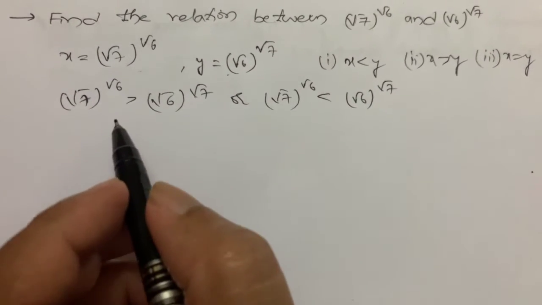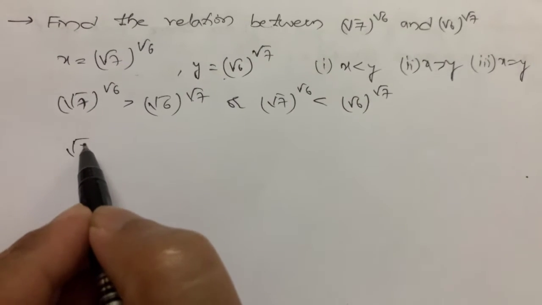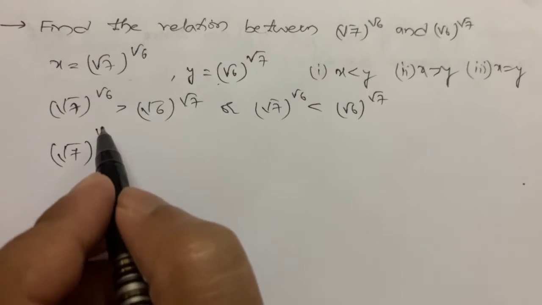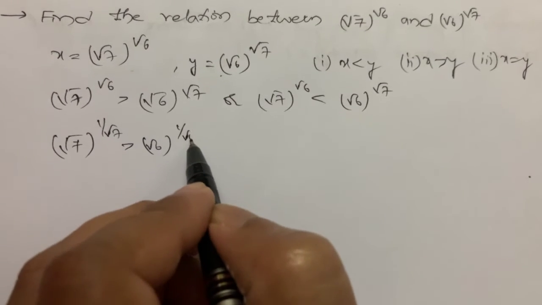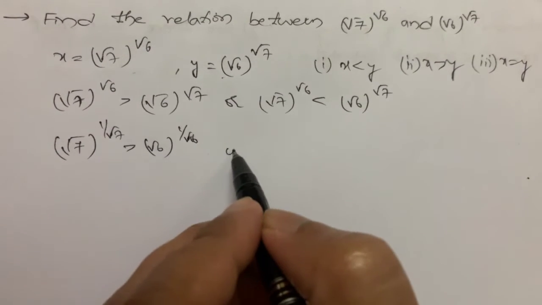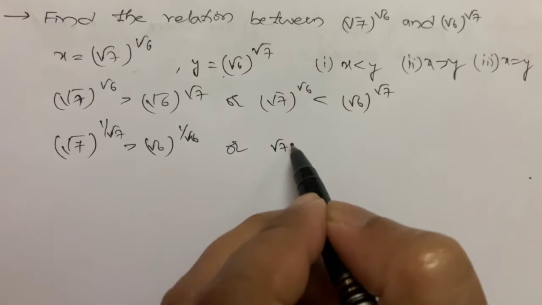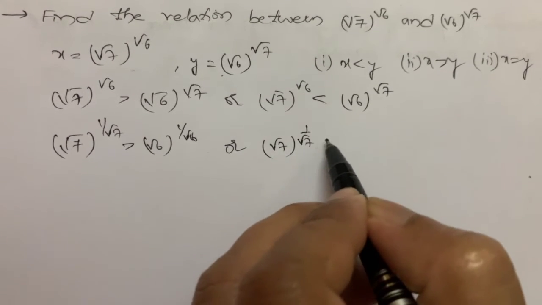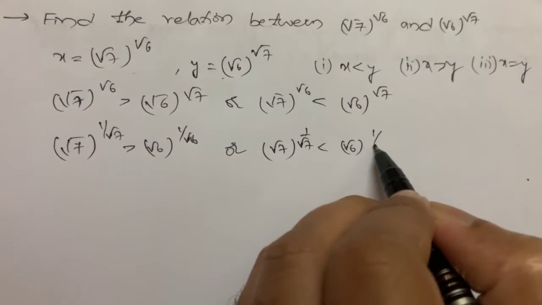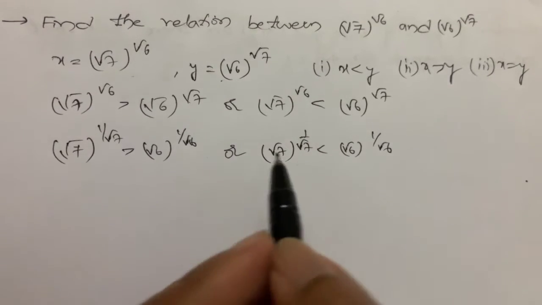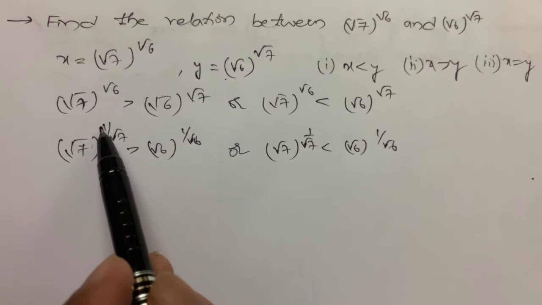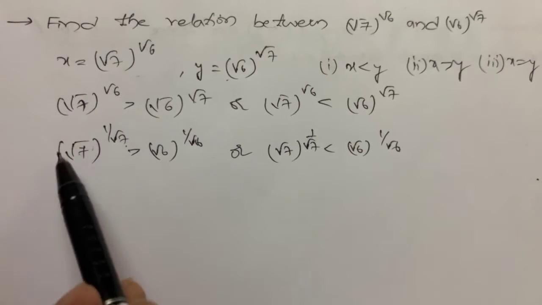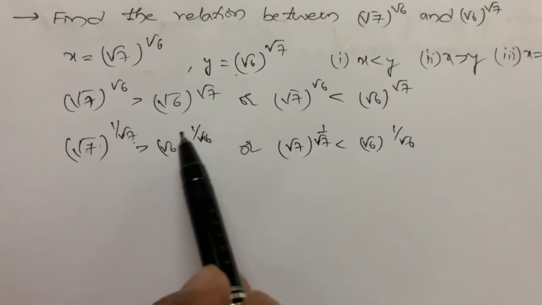We'll slightly rearrange this: root 7 power 1 by root 7 greater than root 6 power 1 by root 6, or root 7 power 1 by root 7 less than root 6 power 1 by root 6. We are seeing that this is some variable to the power 1 by the same variable, right? So here also it is the same.